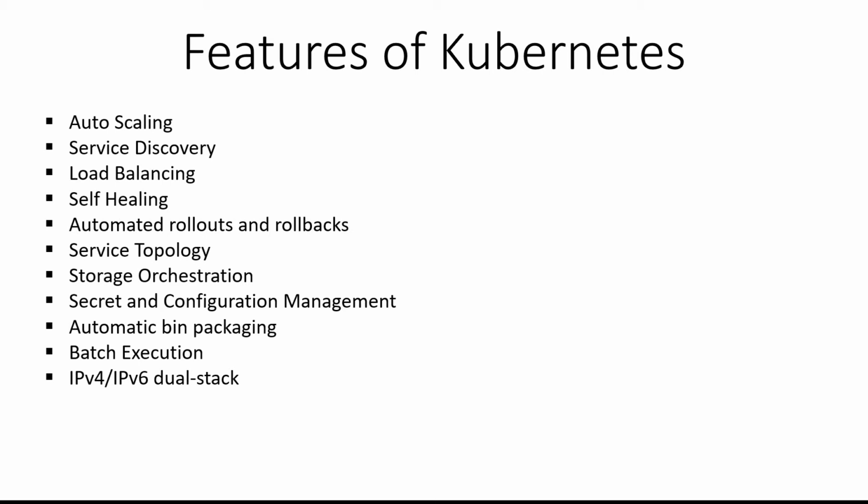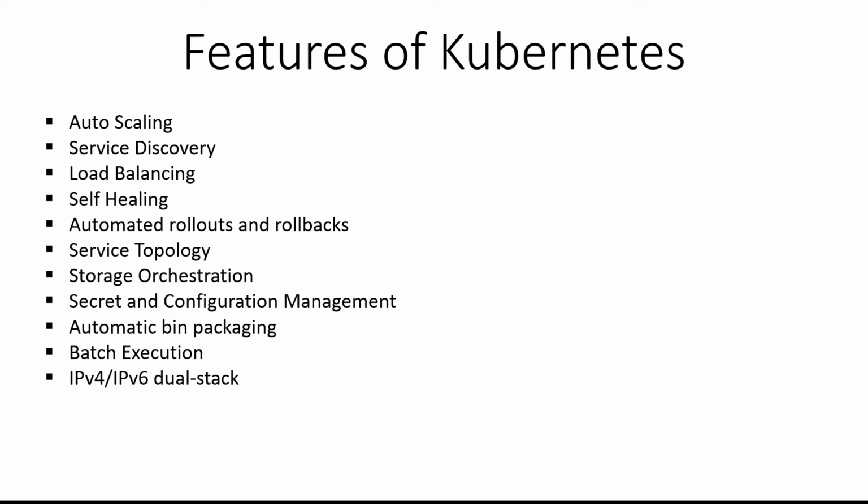Next is IPv4 and IPv6, which is primarily the networking stack. So you can allocate IP addresses for your deployments. It can allocate IPv4, which is what we generally use, 10.1.1.2 for example. It's a popular IPv4 stack. But as we all know, IPv4 is coming to an end very soon, and that's why the recent addition is IPv6, where you get a much bigger IP range.